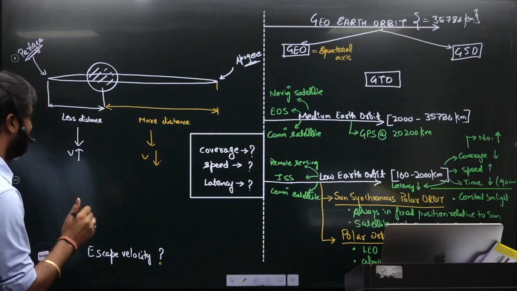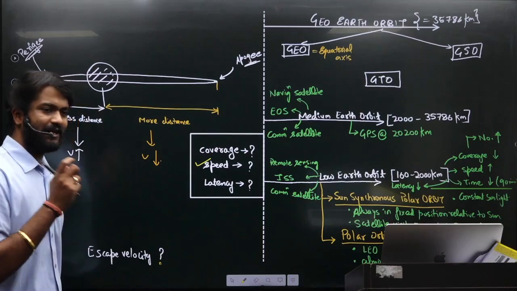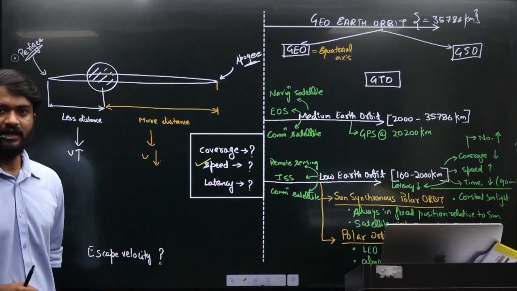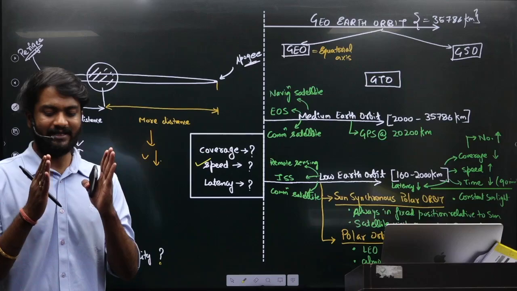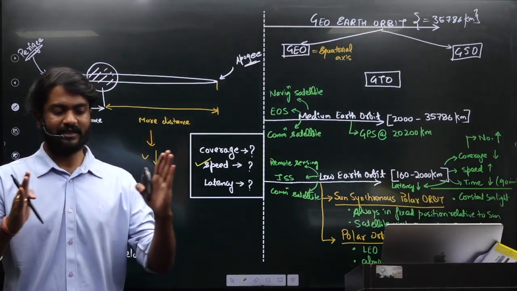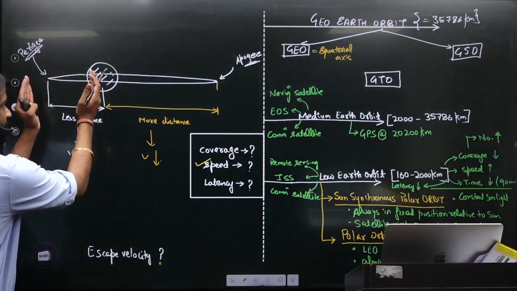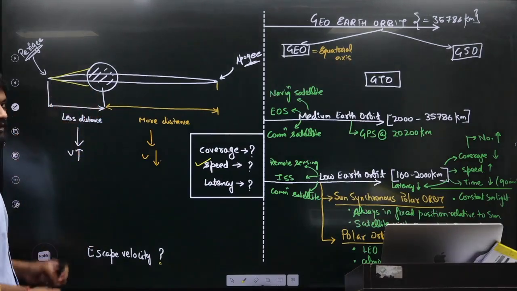Now understand one more thing. Apart from the speed, what will be the coverage of the satellite at the lower distance, and what will be the coverage at the higher distance? When the satellite is closer to the earth, it will be able to cater to a smaller area.